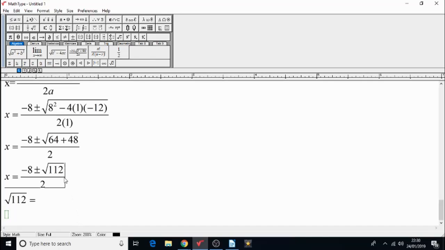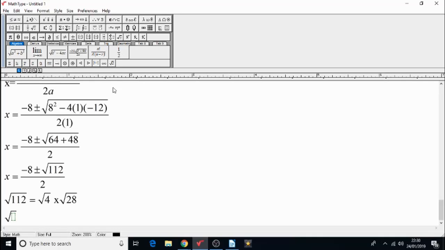So 112 is the square root of 4 multiplied by the square root of 28.